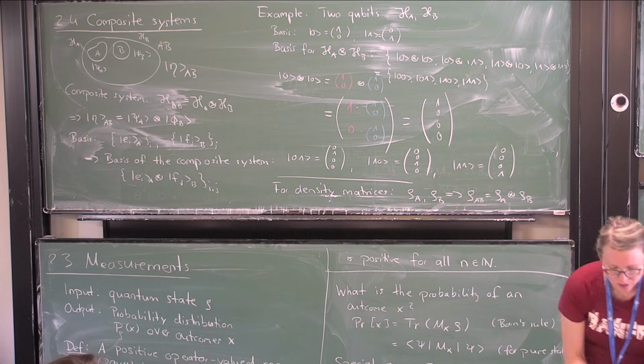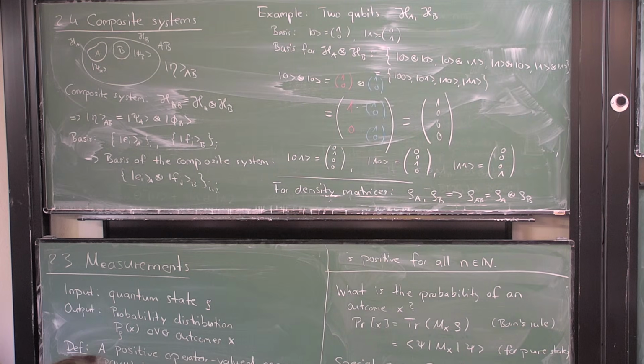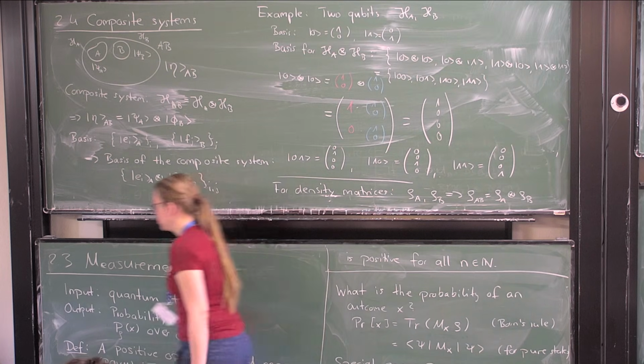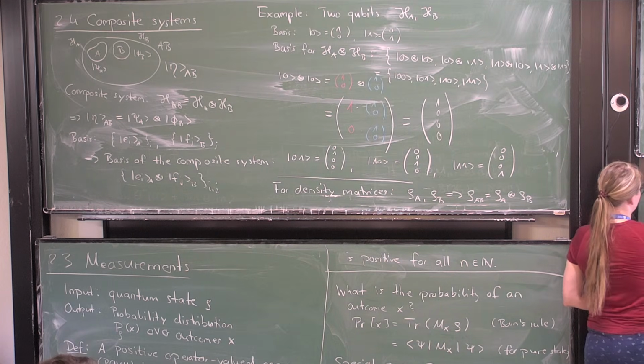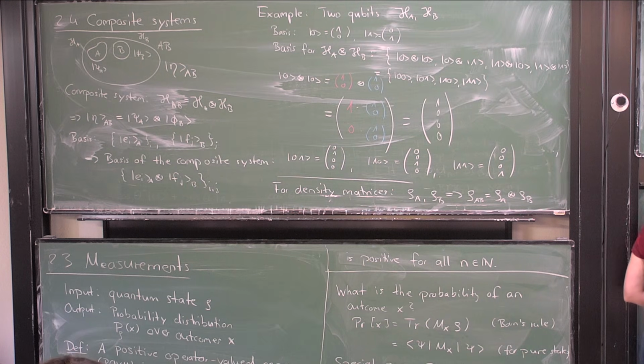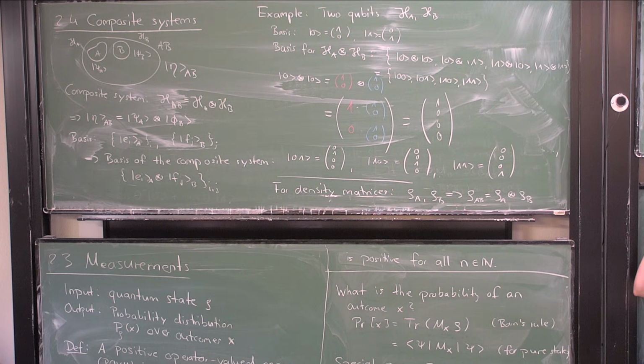I'll just write in this section the definition for these states. The interesting part: there are more states in this Hilbert space, on A and B, than product states.